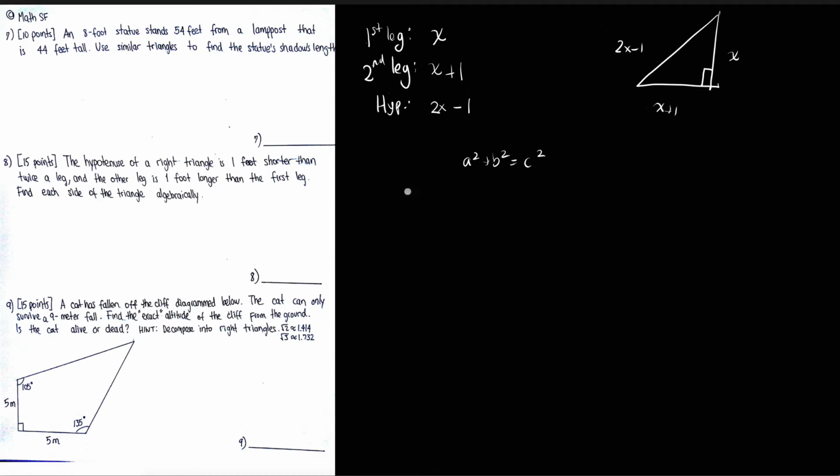The Pythagorean theorem. So it means every leg squared, so x squared plus x plus 1 squared equal to, let's say this hypotenuse, 2x minus 1 squared. Now I'm going to have x squared plus, I'm going to FOIL this. Be careful. This is one of the common mistakes.